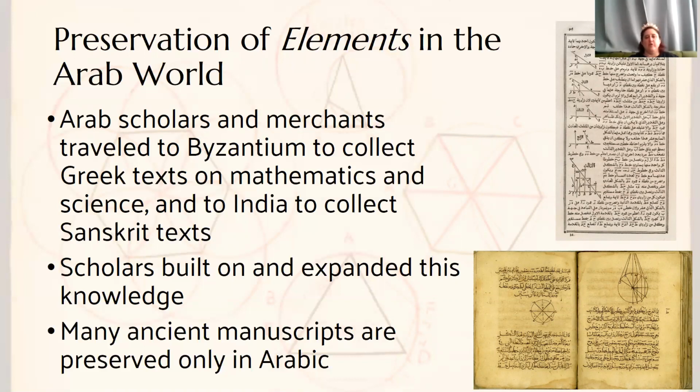They sent them everywhere looking for texts on science and mathematics and medicine. They were looking for those things so that they could have them translated and build their knowledge. So this is actually the way that we get some of these ancient manuscripts, only through the Arabic translations of them.